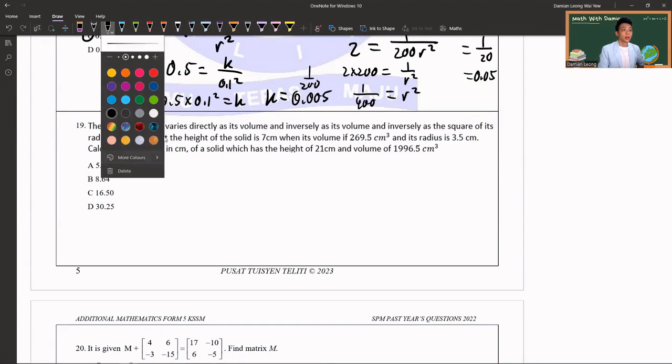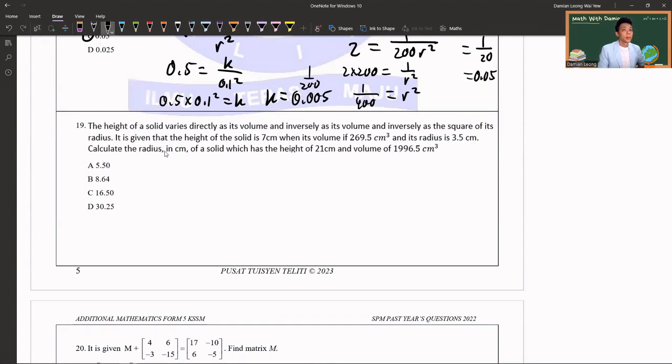So another variation question here, whereby the height varies directly as volume and inversely, so put it below, over square of the radius, so R square. So height is 7, volume is 269.5, radius 3.5. So I can find K using that.